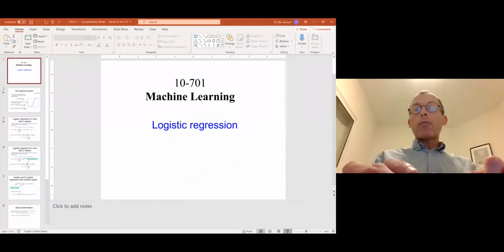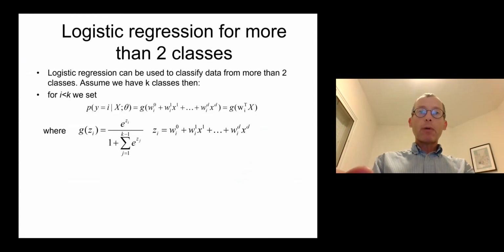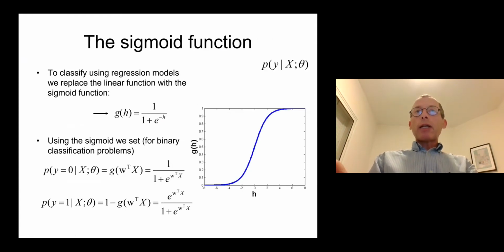For those of you following the slides, this is still the slides on logistic regression that I posted 2 weeks ago. Just a short reminder, I won't go into the full discussion that we had last time. Generally, we defined a probability function for 2 classes. The probability of y given x.